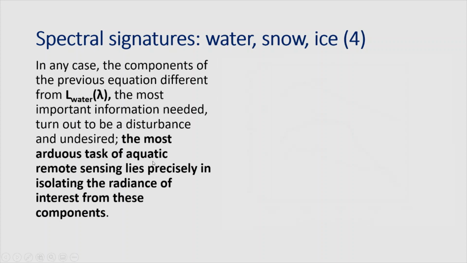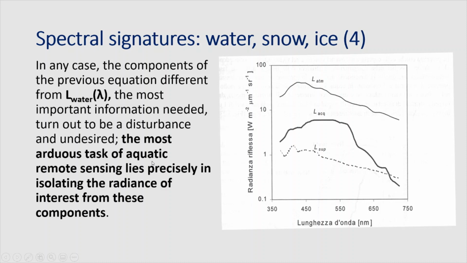But this is very hard, because you see here more or less the visible plus the UV in this diagram. These are spectral signatures limited to the ultraviolet and all the visible. Here you have the spectral signature of the surface layer of the water.